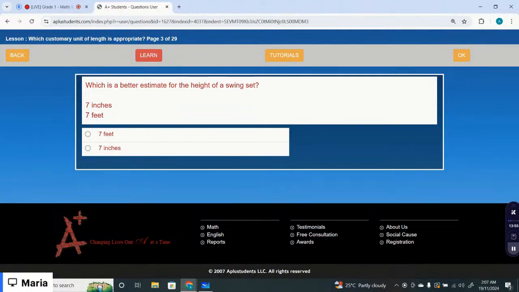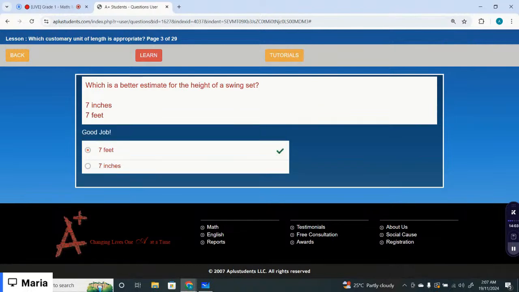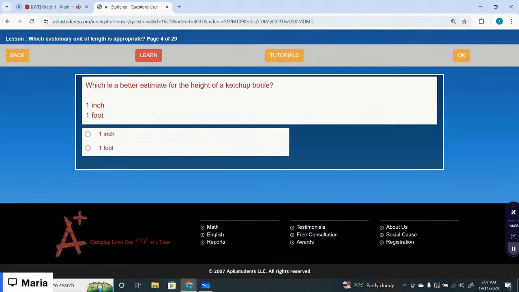The correct option is, for a swing set, 7 inches is too small. It must be 7 feet. The correct option is option number one. 7 feet it is.